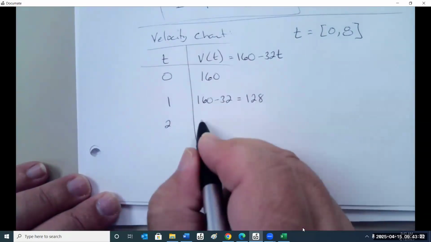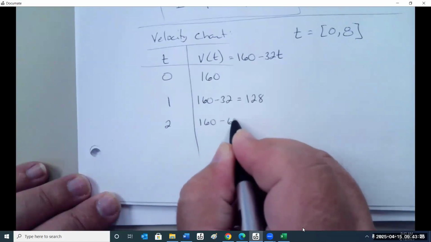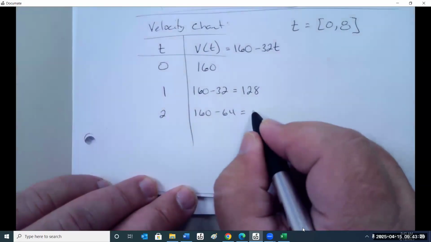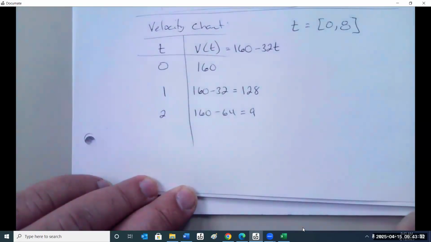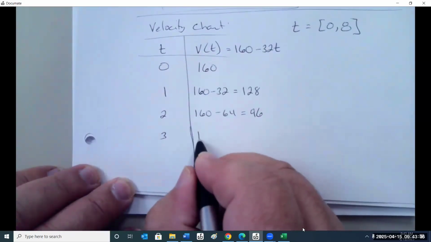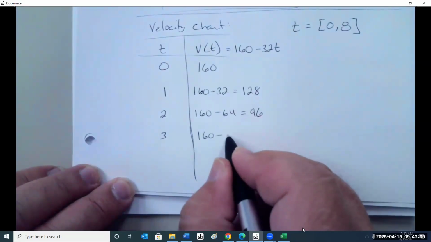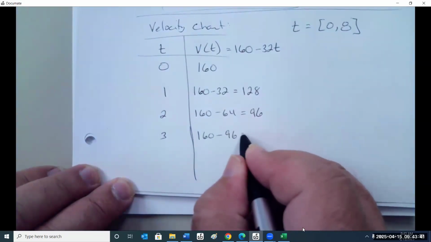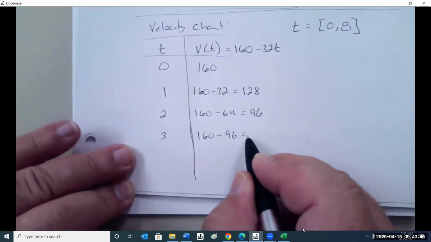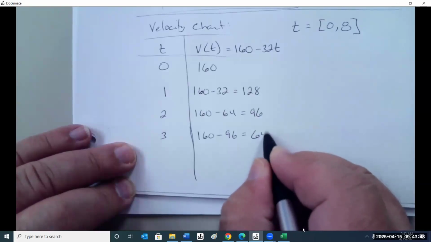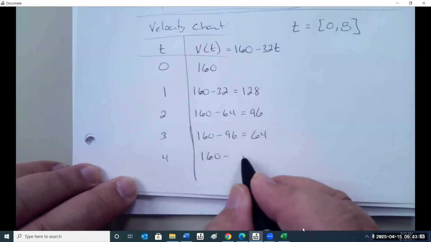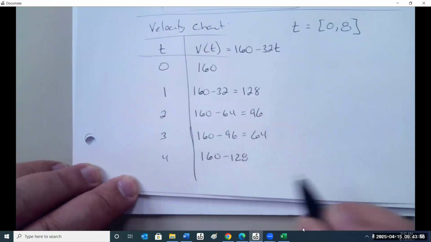At 2 seconds, it's 160 minus 64. It's going to be 96. At 3 seconds, we have 160 minus 96, which gives us, let's see, 64. 160 minus 128.